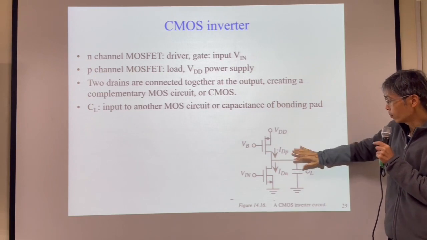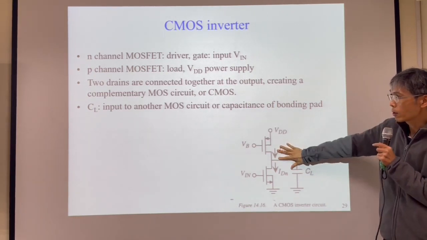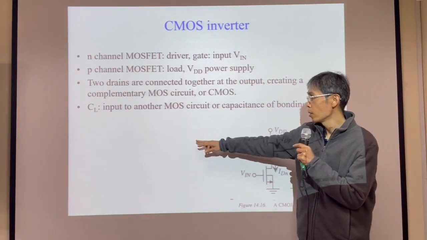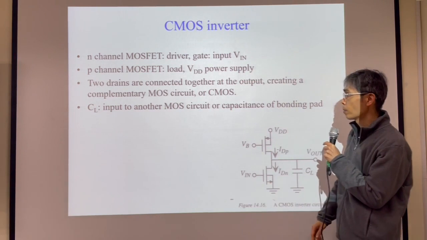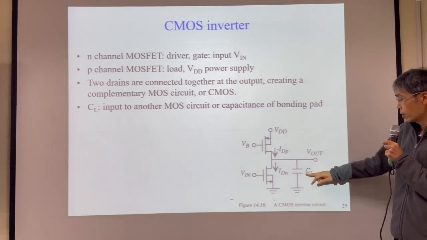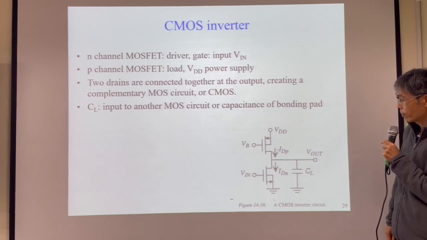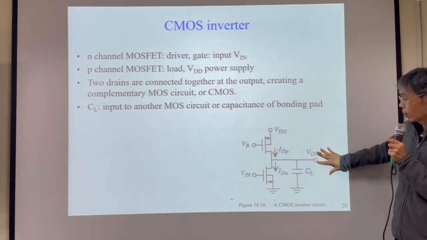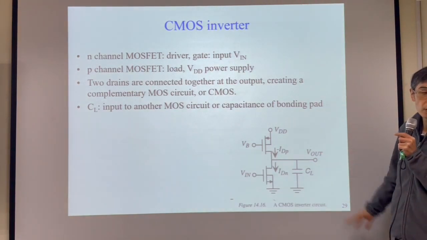Or if there's another circuit following this circuit, it could be the input to another MOS circuit. CL, the load capacitance, the input capacitance, models the input capacitance of another circuit here.